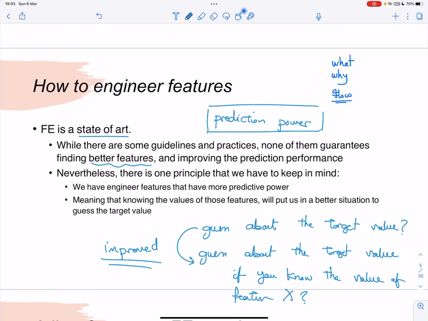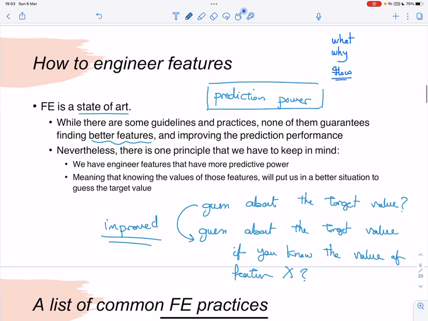We want to find the features or change the current ones in a way that their predictive power increases, in a way that if it is not feature X, but let's say feature X prime, which is basically feature X engineered, changed in a way, then we would have an even better guess.